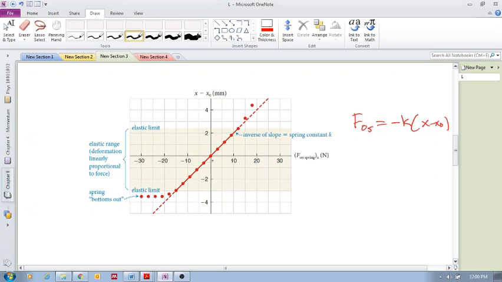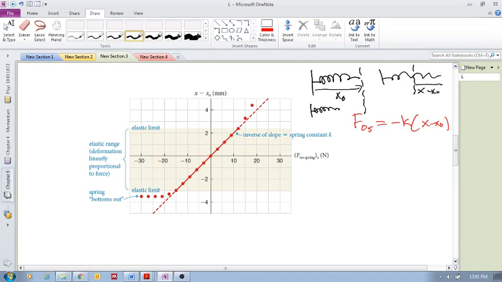If you have a spring and that's its relaxed position, there's no force being applied to the spring, then you could either compress it, or you could stretch it. So there it's been compressed and there it's been stretched.